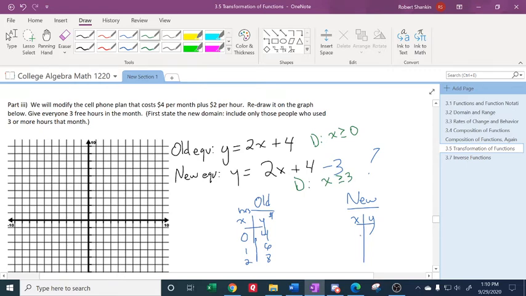If you had 3 hours that you used, it's going to be as if you did 0 hours, because 3 free hours in a month. So that's still going to be $4.